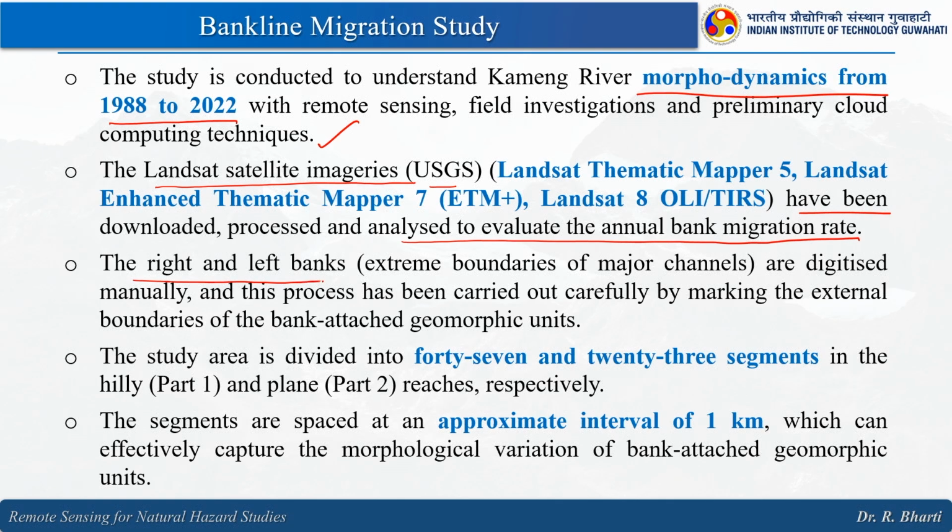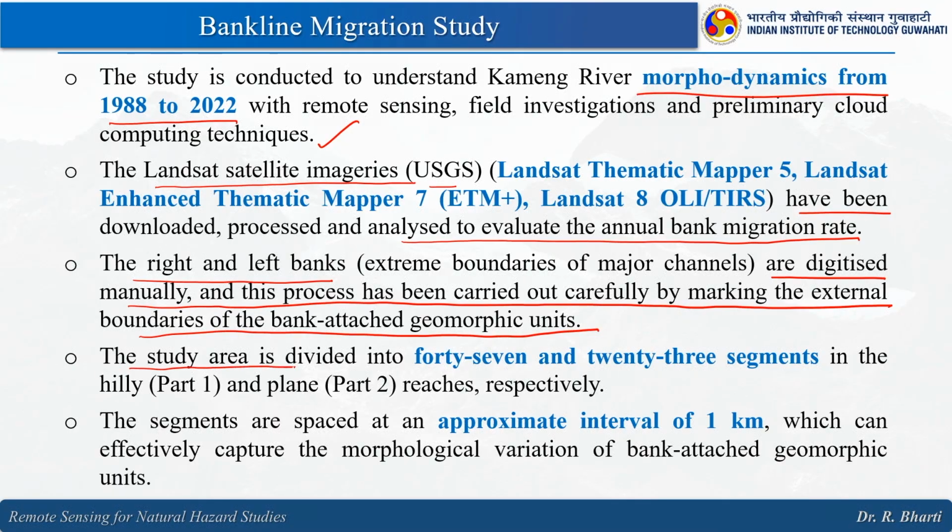The right and left banks, I will be showing you the graph, are digitized manually, and this process has been carried out carefully by marking the external boundaries of the bank attached geomorphic units. This can be done automatically also, but we thought of doing it manually because we have also done this automatically, but manually we have more confidence in our results, right.